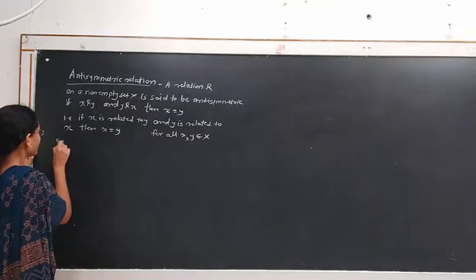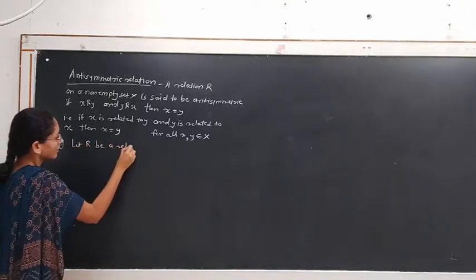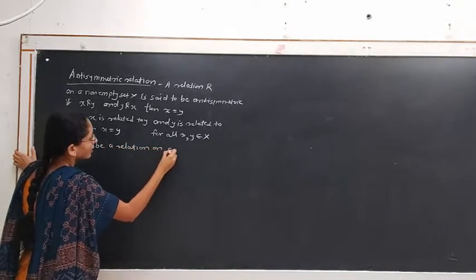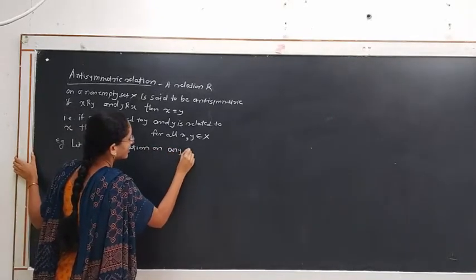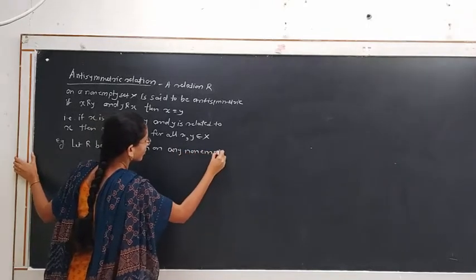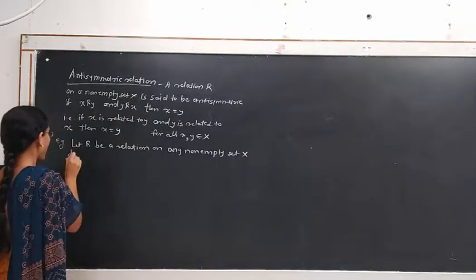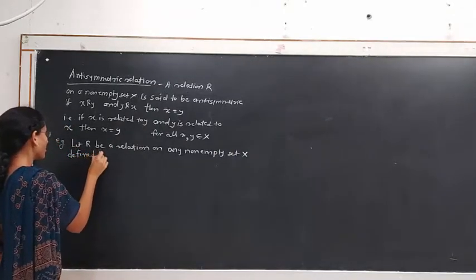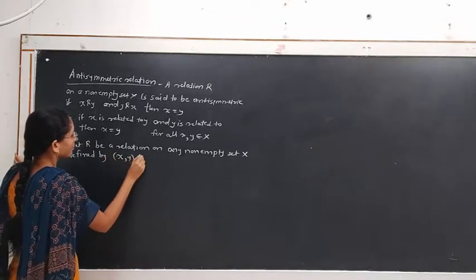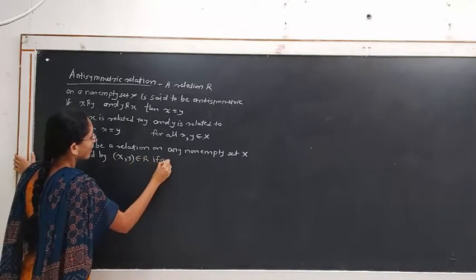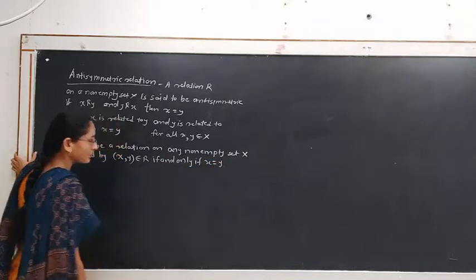For example, let R be a relation on any non-empty set X defined by: the ordered pair (x, y) belongs to R if and only if x is equal to y.